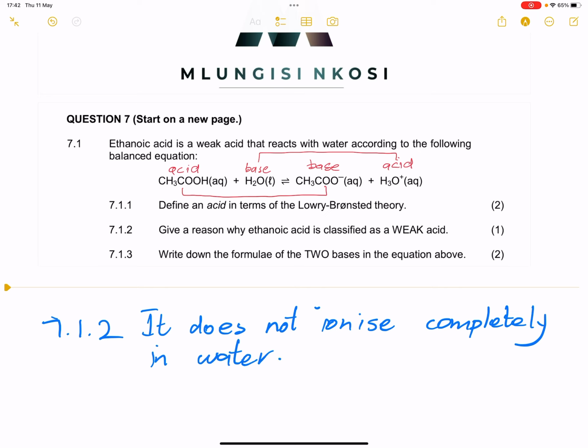And we can say that it also forms a low concentration of hydronium ions.